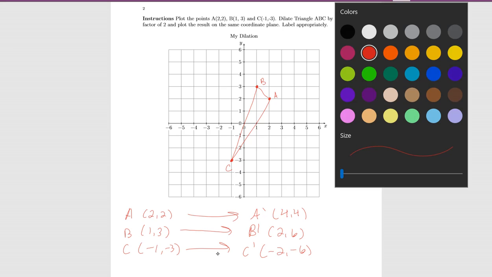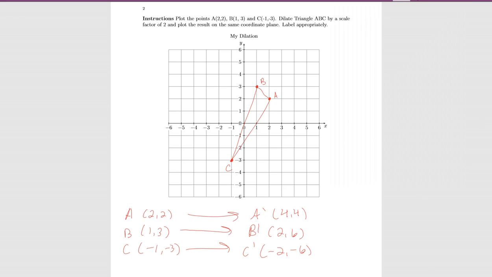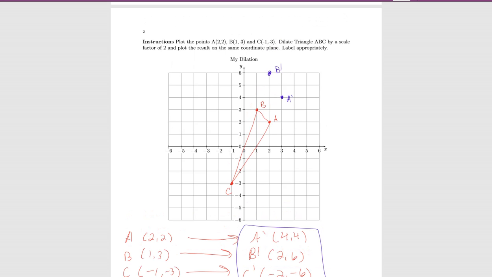So let's plot those points. I'm going to change to this purple color for these points. So 4, 4 should give me A prime. 2, 6 is B prime. And -2, -6 gives us C prime.